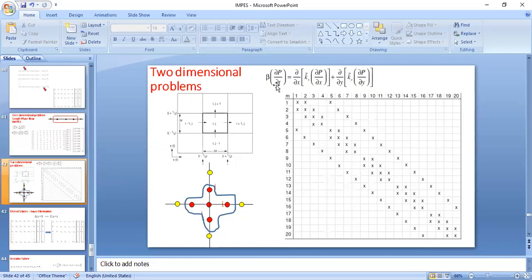If you are dealing with complex equations, complex physics, when we try to write an equivalent mathematical form for any complex physics, then you will end up with a different type of matrix, where the entries will be present in a scattered manner. Okay, this is a matrix of 20 cross 20. So we will get entries scattered somewhere. Those kinds of matrices are called sparse matrices.